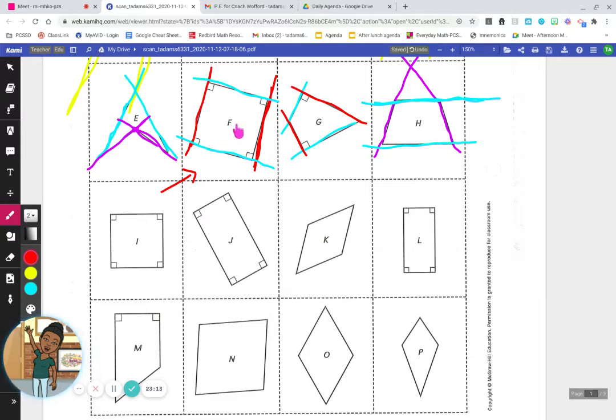Now, have we seen this before? Pretty much. I looks very similar to quadrilateral F. It's just tilted straight. F is tilted to the side. I is straight up and down. So based on what you already know, does I have 2 parallel sides, 1 parallel side, or no parallel sides?